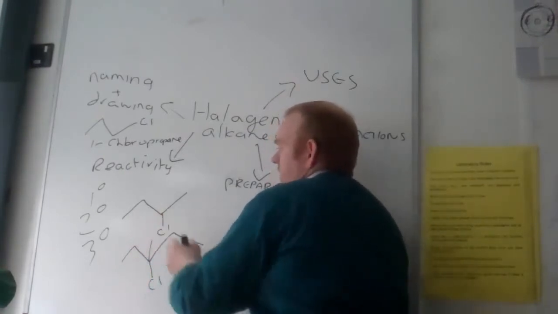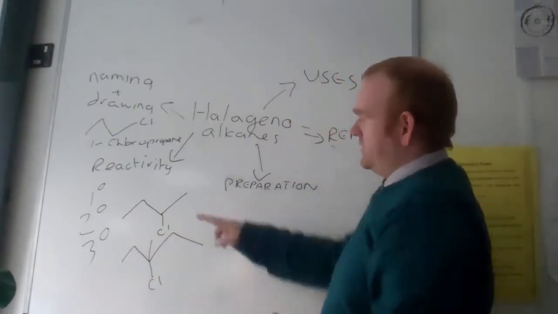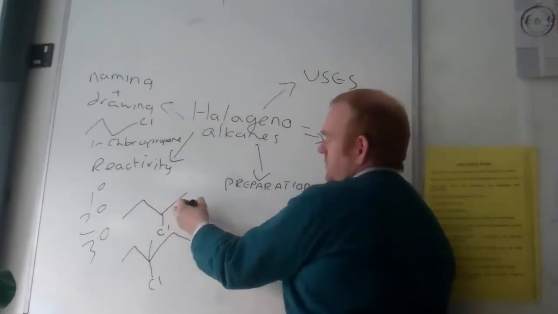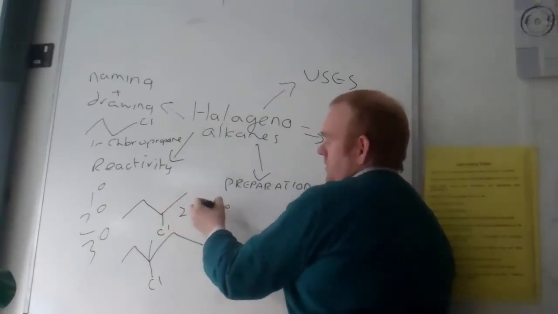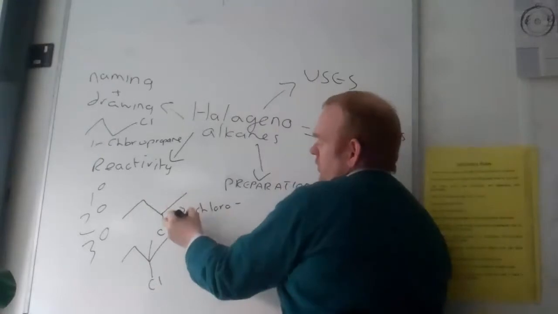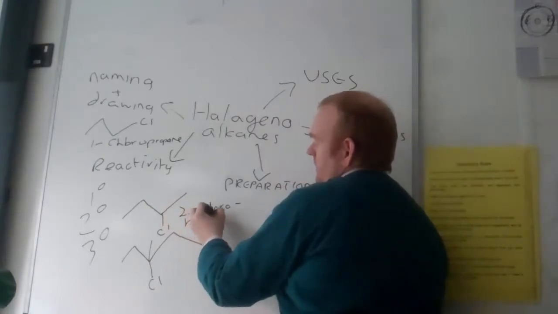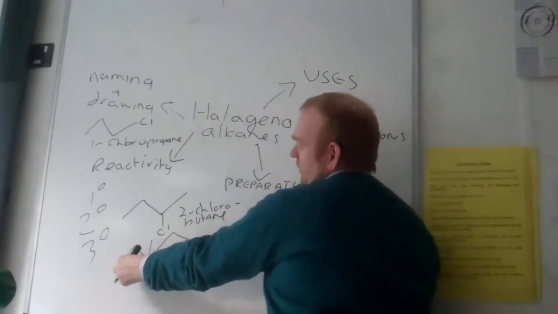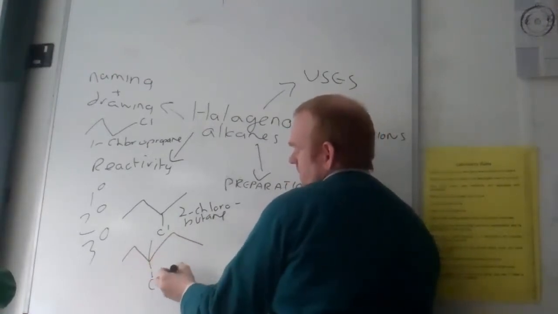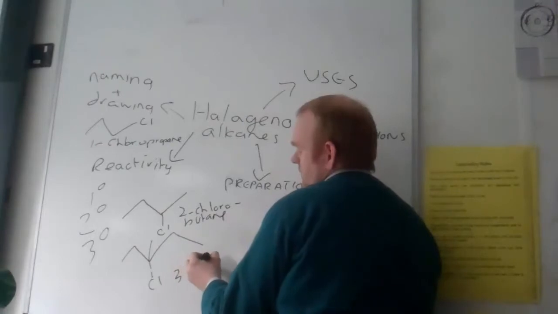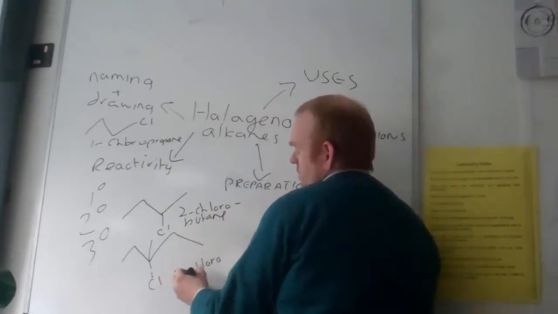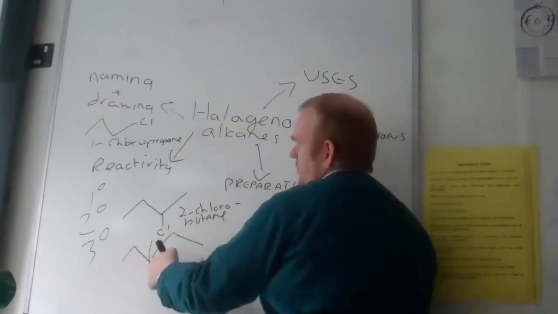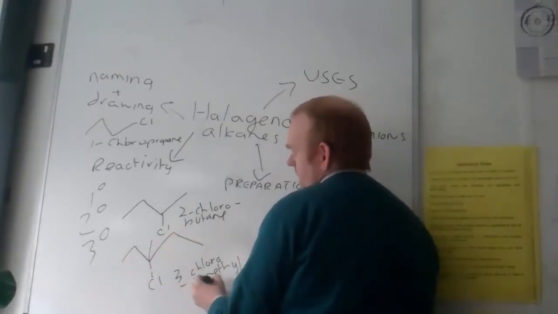Okay, so for example, that one would be called 1, 2, because it's easier to number from this side. 1, 2, 3, 4, so it's butane. That one is 1, 2, 3. So it doesn't matter which side I go for. 1, 2, 3, chloro, 3 methyl, and the carbon chain is 1, 2, 3, 4, 5, pentane.